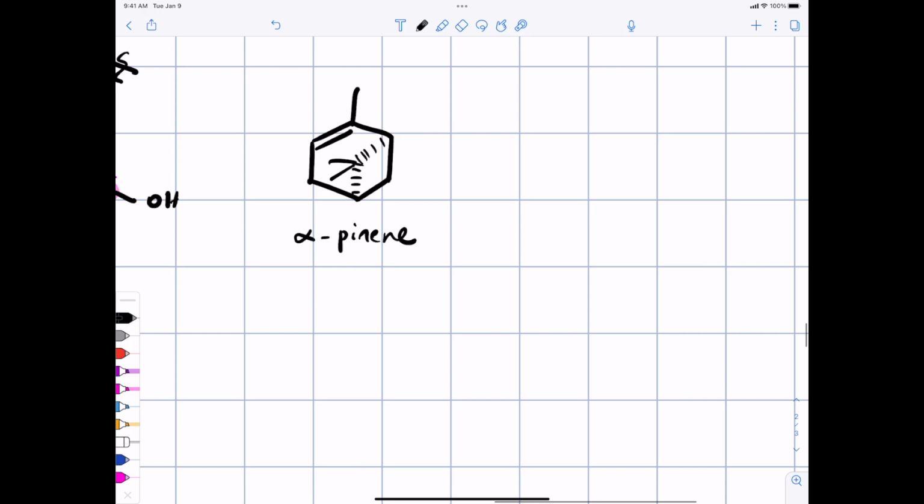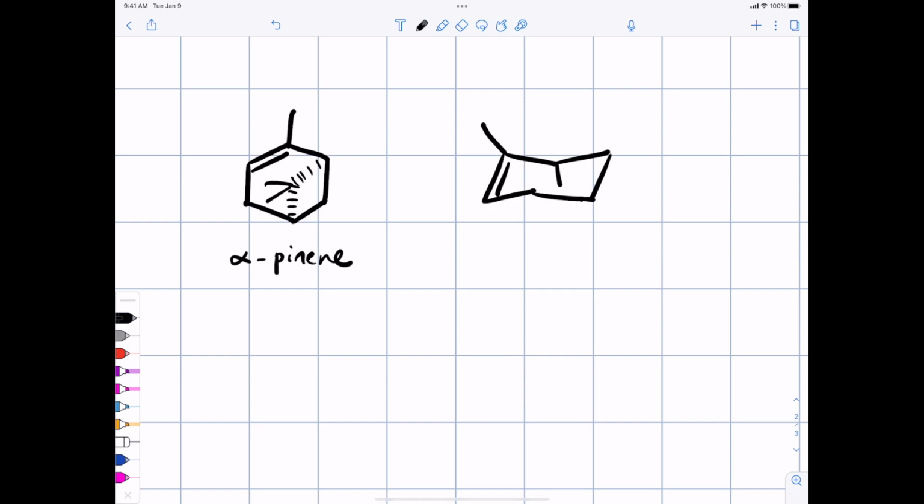If you don't like that, we could draw it this way, but I doubt you'll like this any better. It's tough to draw. Okay. That's something straight out of your nightmares because it's a bicyclic system. 6-membered rings you're okay with, but what the heck is going on here in the middle?